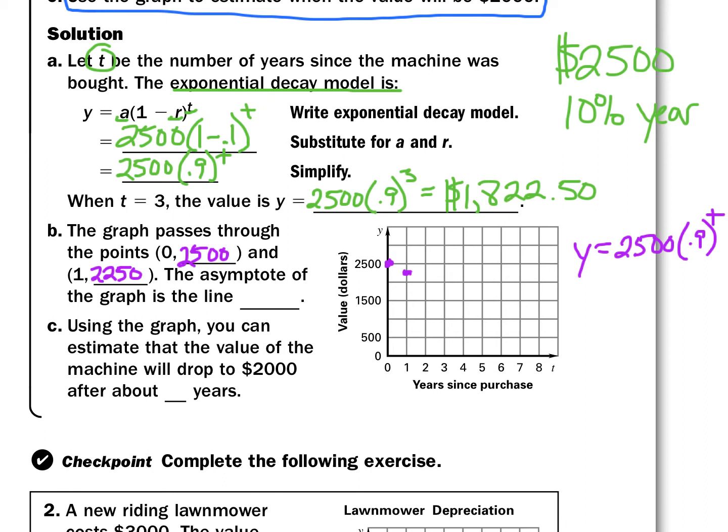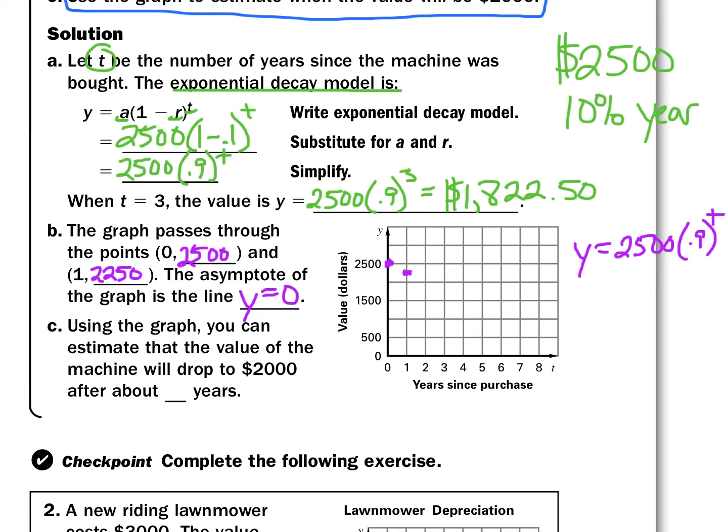The asymptote of the graph is the line. It can continue to depreciate as far as we want, but it can't actually reach 0. So our asymptote is y equals 0. You can't have a negative value for the car.